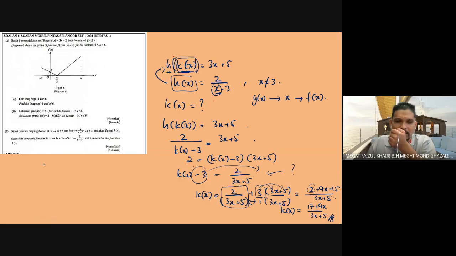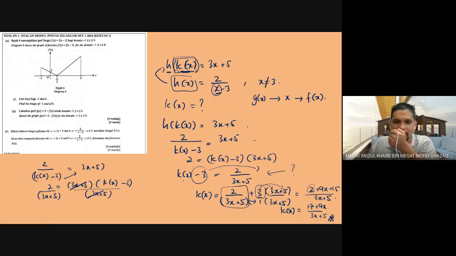Okay, something like this. 2 divided by k(x) minus 3 equal to 3x plus 5. So cross multiply, then you get 2 equal to 3x plus 5 times k(x) minus 3. So if we divide by 3x plus 5, left and right, what's going to happen then?